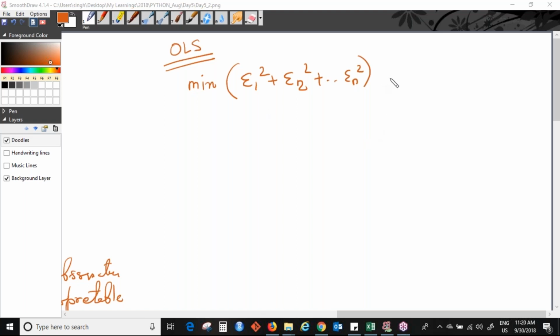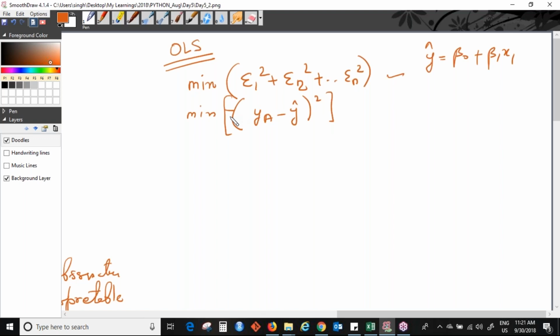So this is what the algorithm states. So I can also write this, and we know that y predicted is beta naught plus beta 1 x1. So I'm only doing it for one variable just for simplicity. So I minimize actual minus predicted whole square, right? This is what I'm trying to minimize, summation of this.